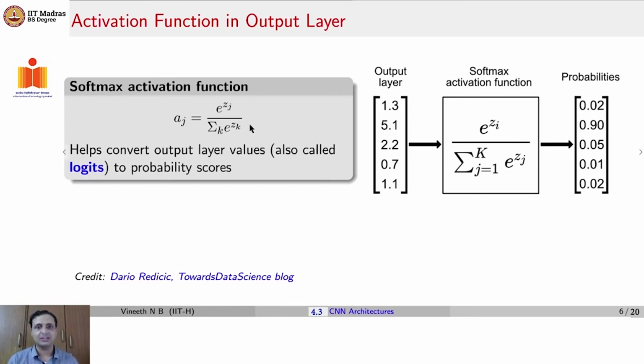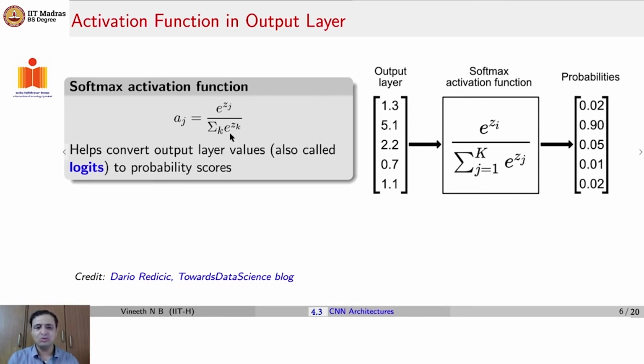What is the softmax activation function? Given Z1 to Zc in the last layer, let's say they are all the outputs of the C neurons in the last layer, the final output of the network is given by e power Zj divided by the summation over all the output neurons e power Zk.